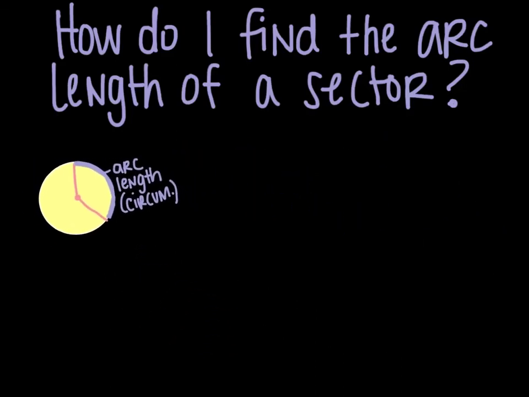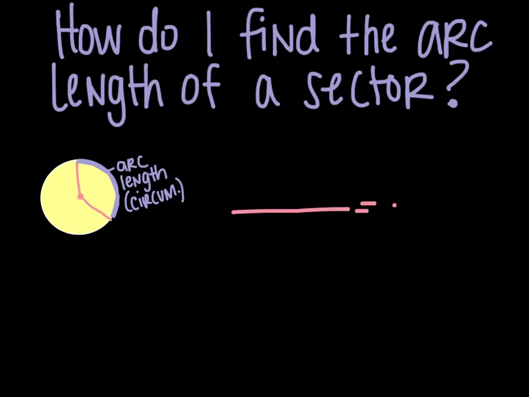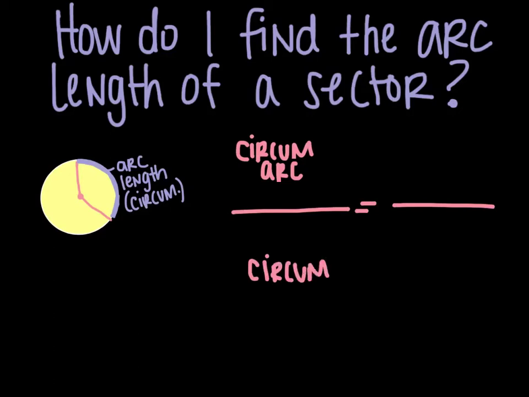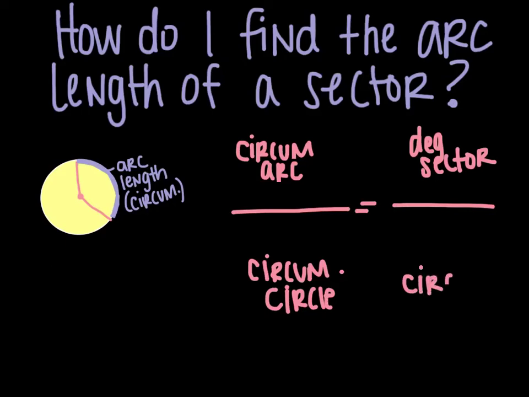Because of that, we have a very similar proportion we can use. In this case, we're going to be talking about the circumference of the arc length, and then the circumference of your circle. Remember, part to whole relationships. And then the degree of your sector, which you're given, and then your circle's degree.